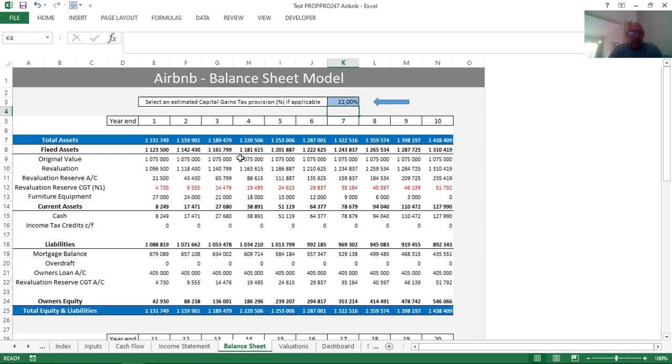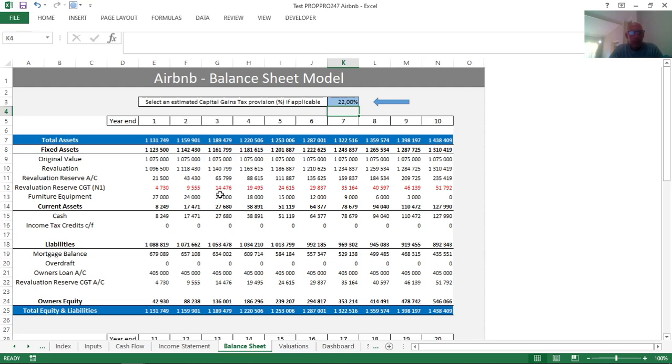Now we cannot reiterate enough the importance of estimating your capital gains tax, because this is considered not only in your exit value, but we pull that into your internal rate of return, modified internal rate of return, and the net present value calculations, because it is a real cost if you exit it at a premium, if you've made a gain on the asset.